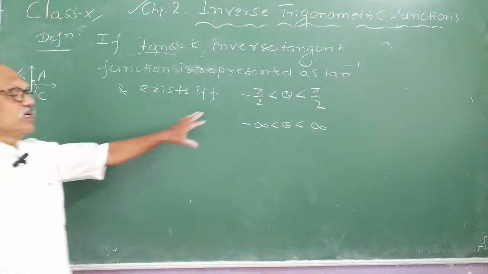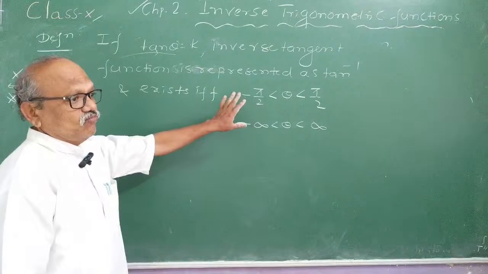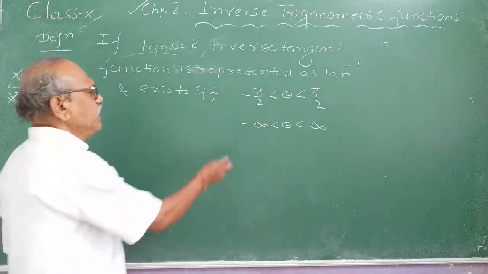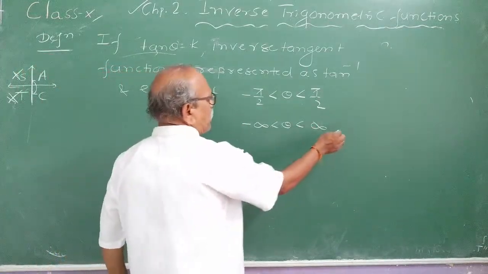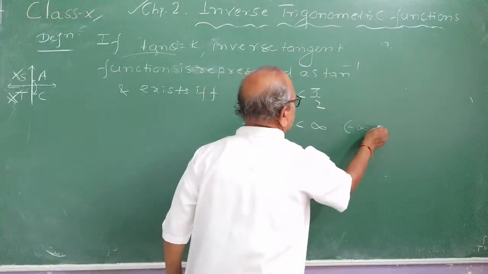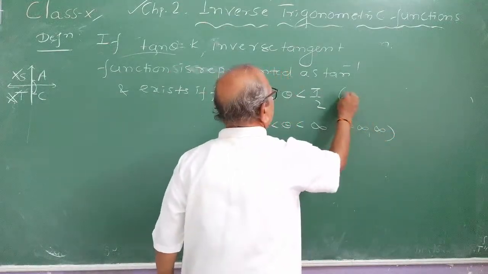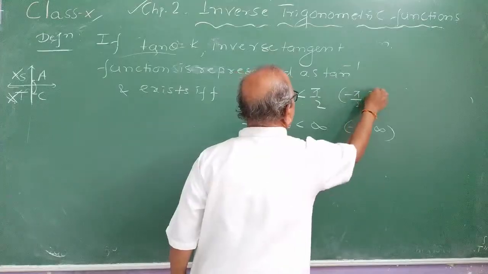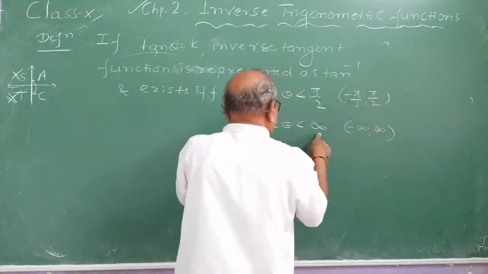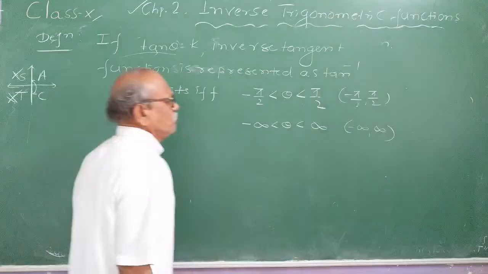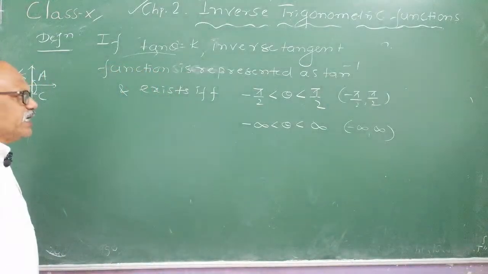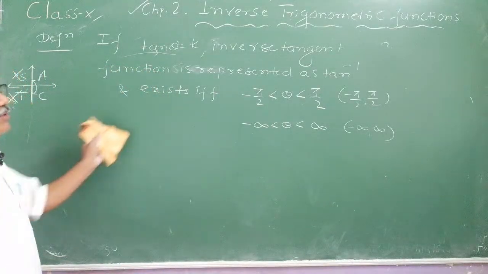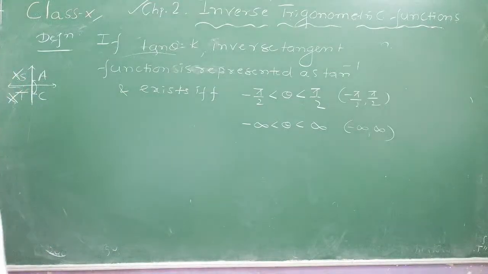It is not closed, it is an open interval, excluding infinity. Here, minus pi by 2 to plus pi by 2 is also an open interval, meaning excluding these two values. Clear to you? Theta lies between minus pi by 2 to plus pi by 2. So this is the definition of inverse tan function.